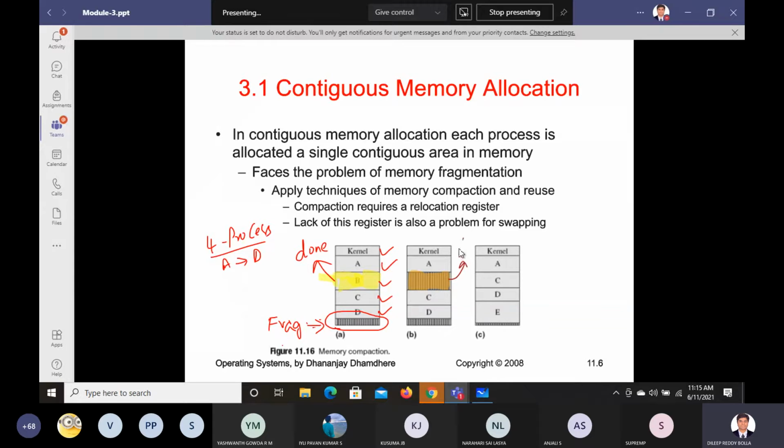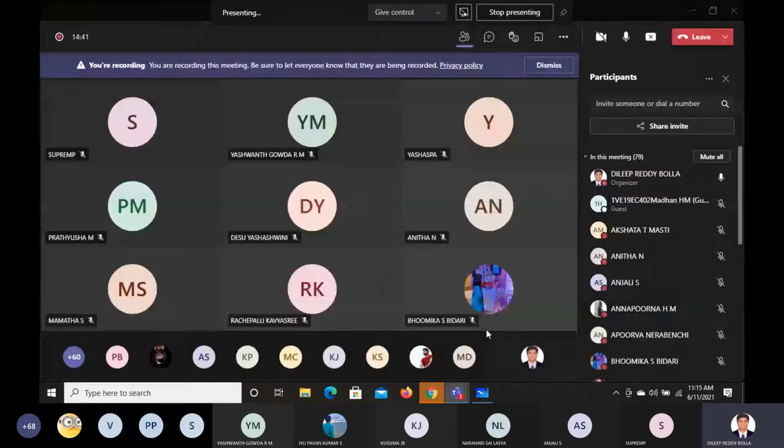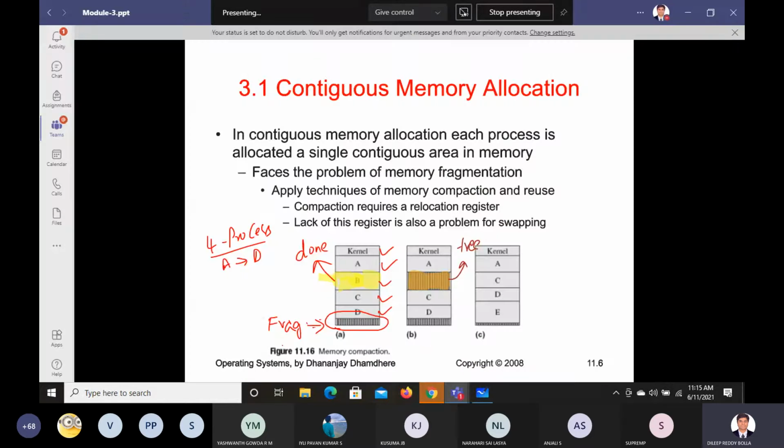So this is now free. Let us say this one is around 40 KB space, and this is around 10 KB space. So we have 40 KB and 10 KB.